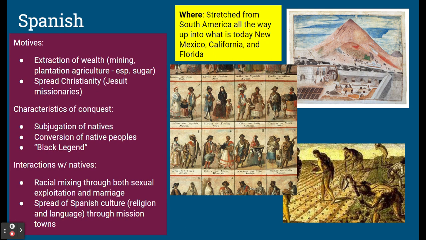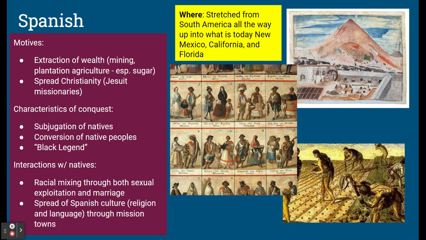Many of them were forced to labor in mines. In the Incan Empire, for example, the Spanish adopted the Incan mita system, in which they required the native peoples to work not on state projects, but state mining to mine wealth for the Spanish.